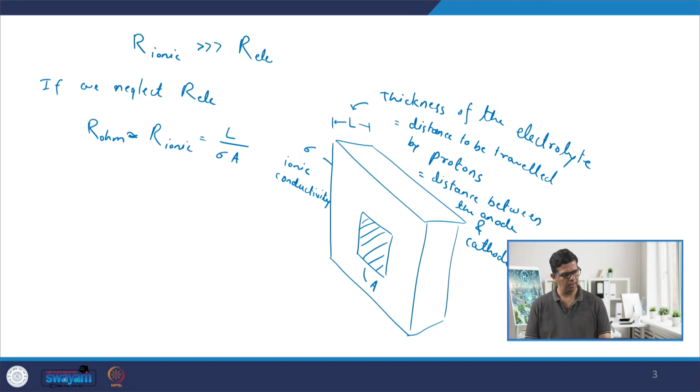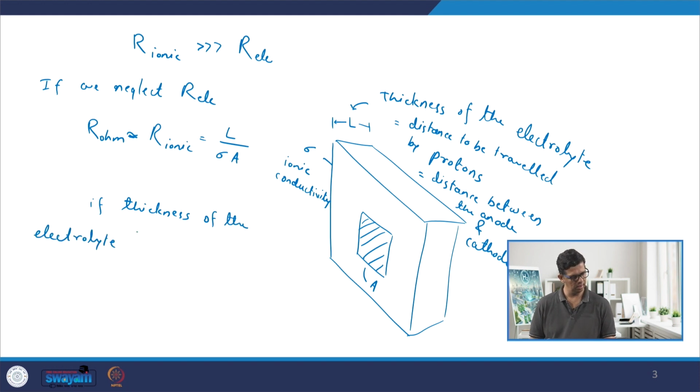As we can see, this R ionic is directly proportional to the length, that is the thickness of the electrolyte. So if the thickness of the electrolyte, L in our case, increases, R ionic, or to some extent R ohmic, will also increase linearly.